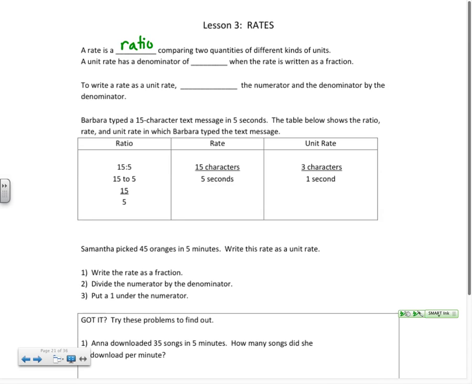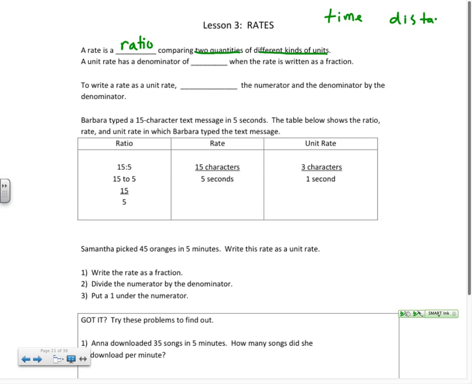A ratio compares two numbers. This is the same thing. It's comparing two quantities, that's numbers. The only difference now is of different kinds of units. A unit is simply a way to measure something. We measure things in time. We measure things in distance.